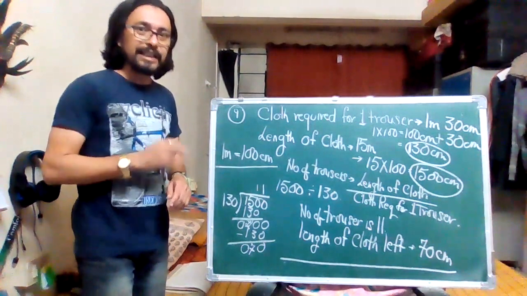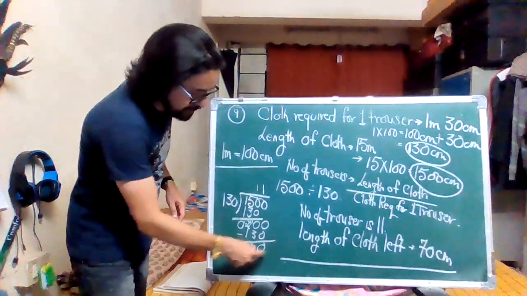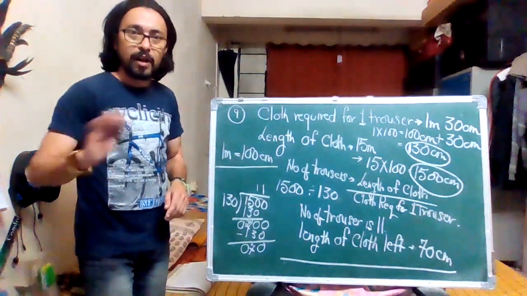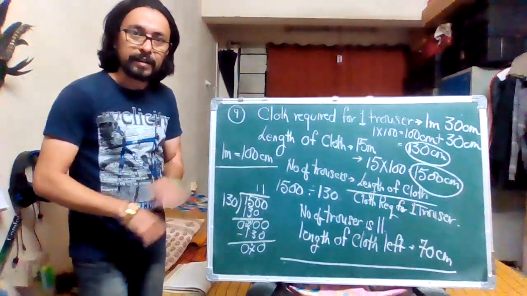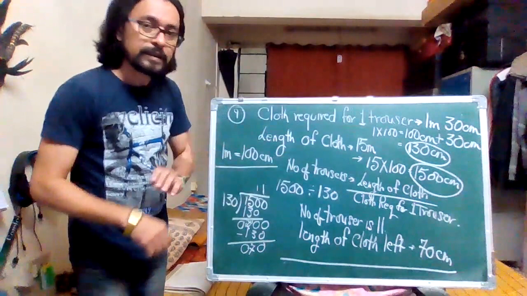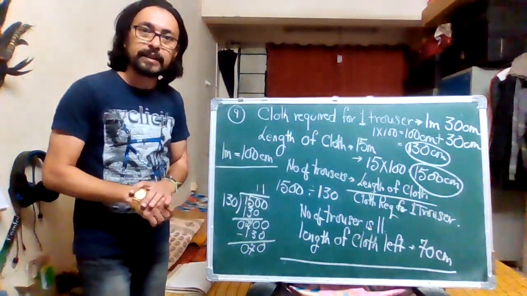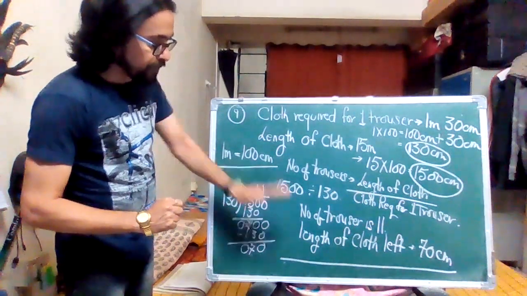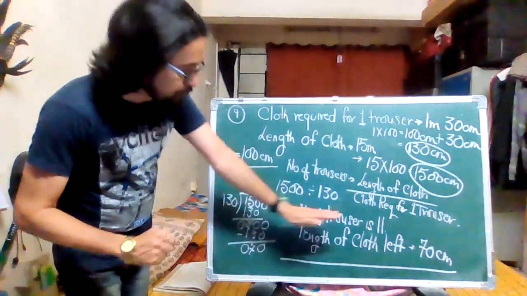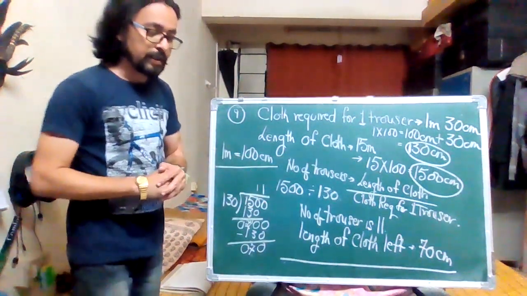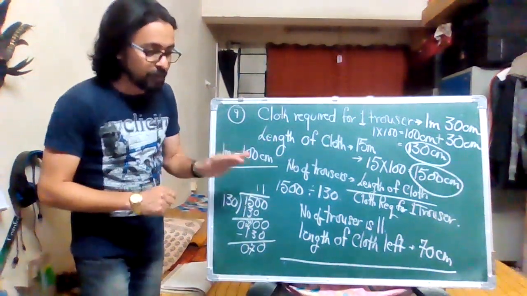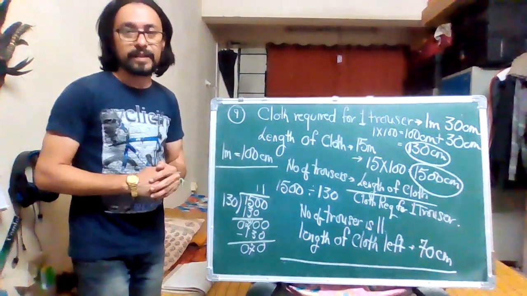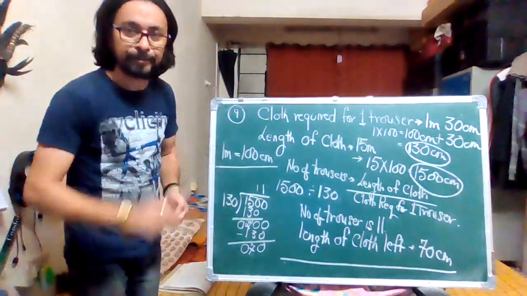But after cutting all the 11 pieces, I will be left with 70 centimeters of cloth, out of which a trouser cannot be made, because the length required for a trouser is 130 centimeters. So the number of trousers that can be made is 11 and the length of the cloth that will be left is 70 centimeters. This is how the sum is to be done.